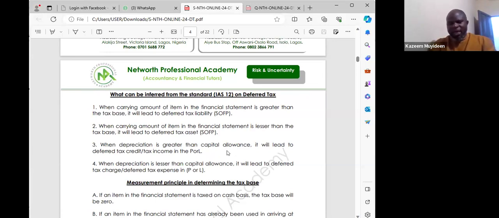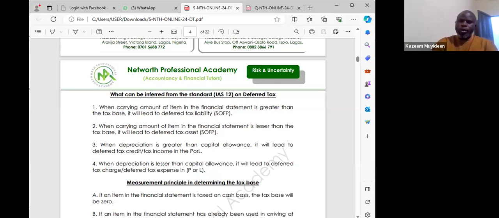Depreciation is not greater, it will lead to deferred tax credit or tax income in the P or L. Now, when depreciation is lesser than the capital allowance, it will lead to deferred tax charge or deferred tax expense in the P or L. That is the principles you need to take. These four. Let's test on these four principles we have said, and let's see how it will go.